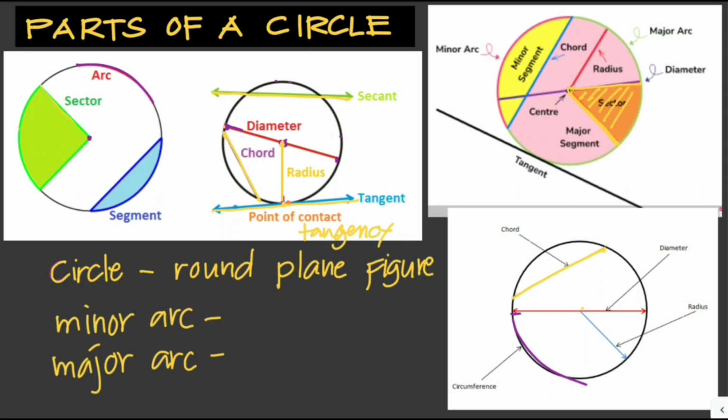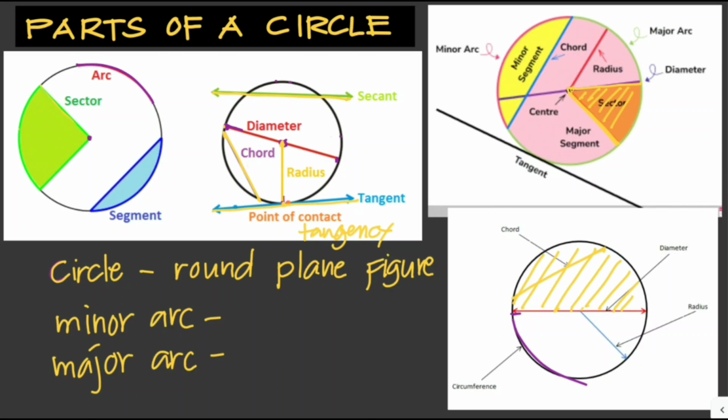And then we have the semicircle. The semicircle is just half of a circle, and could also be considered a sector, where the circle has to be split by the diameter.